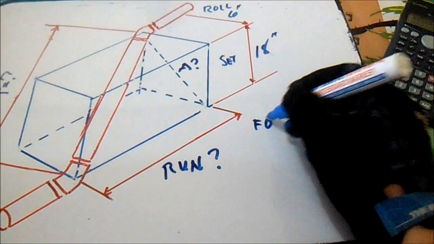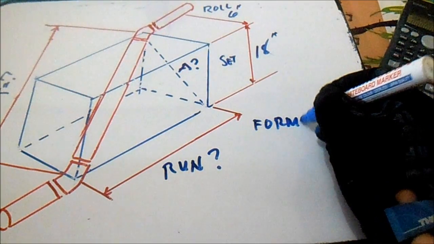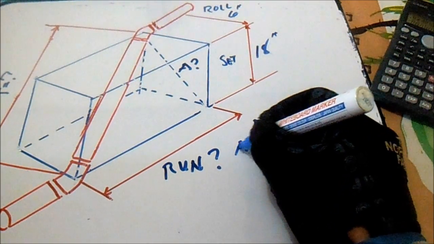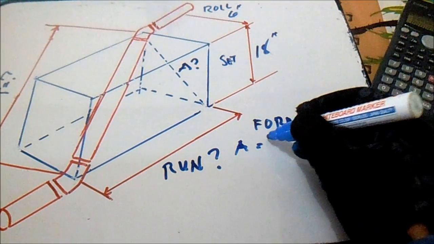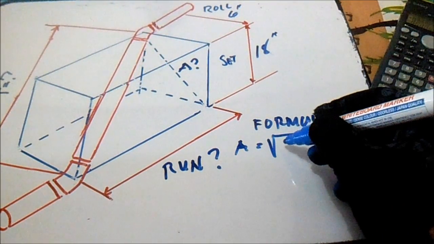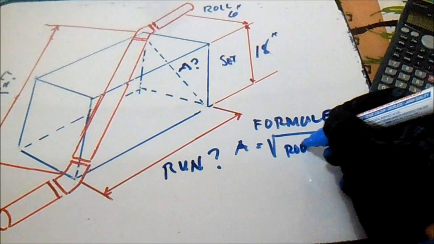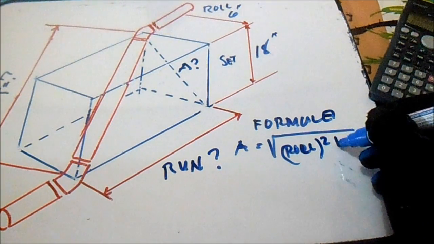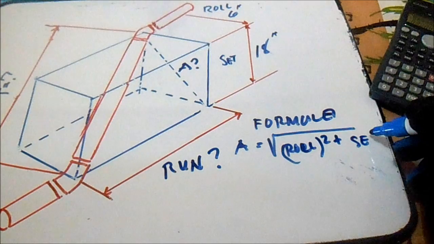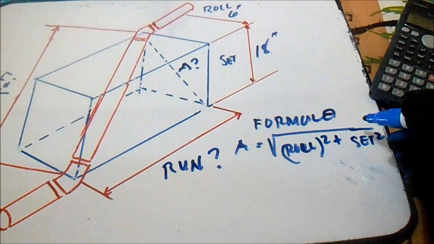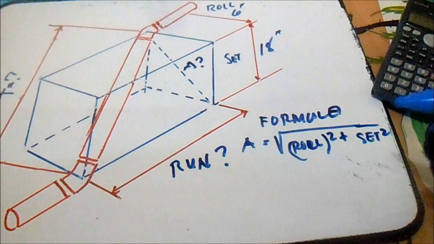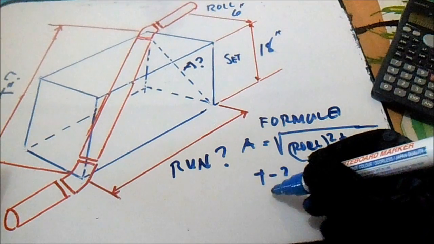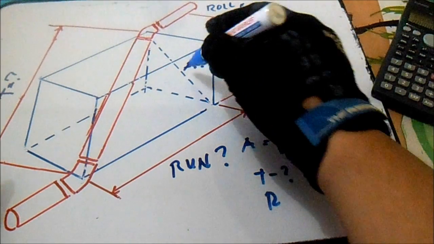So our formula is A equals the square root of roll squared plus set squared.